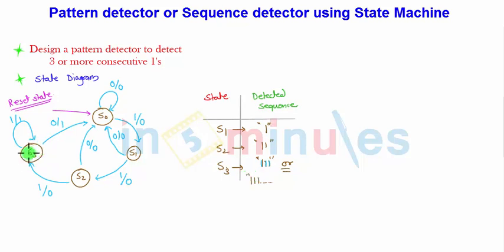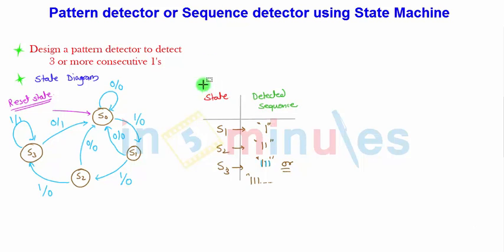It will remain in the S3 state and the output will be continuously 1. S3 will go to S0 only when the input is 0. That will break the stream of ones and we return to the reset state, the start of the state diagram, S0. Hence our state diagram is complete.